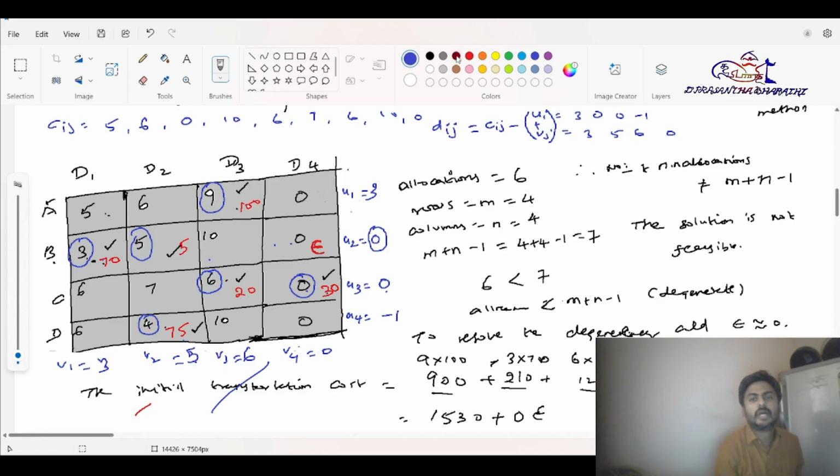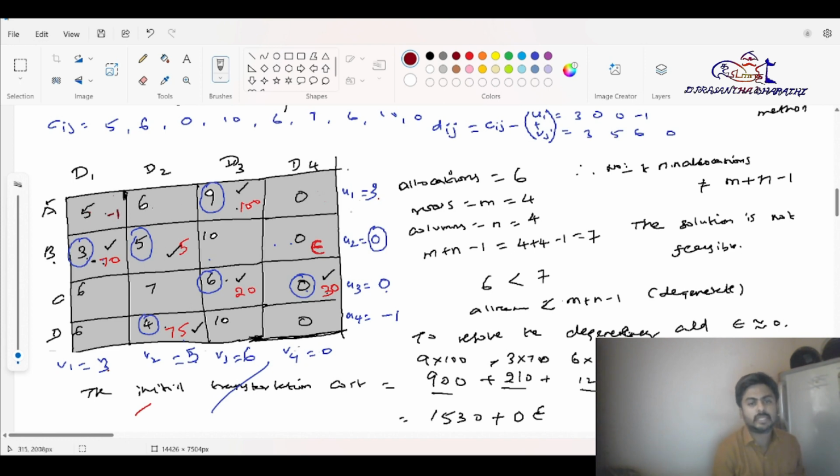So here let us write that value. You have 5 here, and 3 and 3 here. 3 plus 3 equals 6. 5 minus 6 equals minus 1.